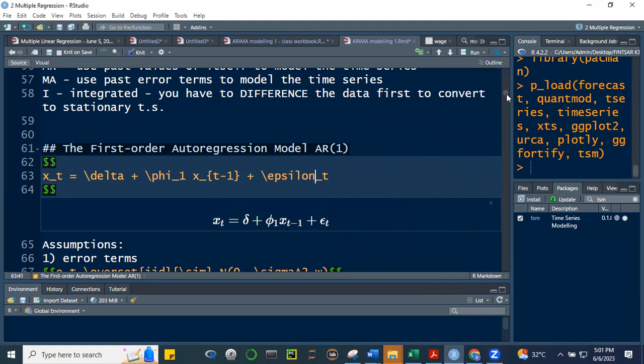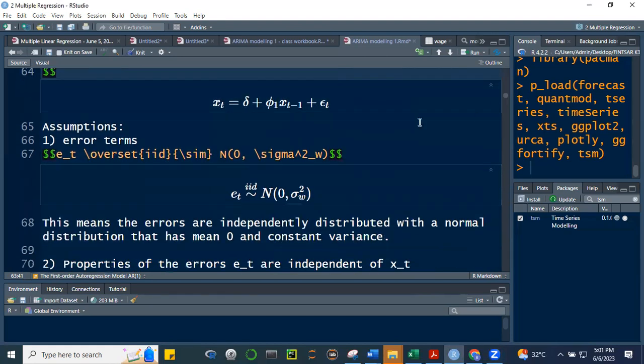All right. Now here, I think you have this also. We have certain assumptions here. What are our assumptions? In this model, the error term should be independently and identically distributed, normal distribution with mean zero and constant variance. I already gave that to you.